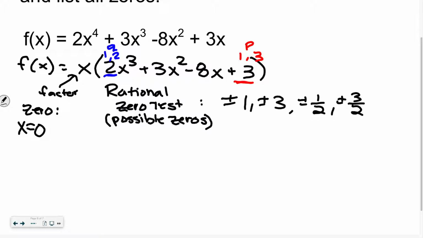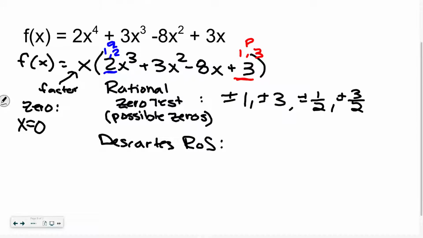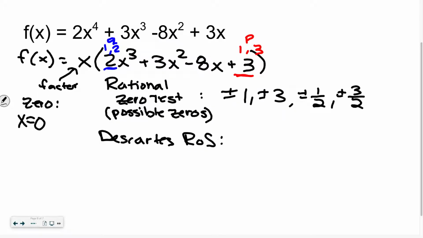We can use Descartes' rule of signs to maybe try to narrow down that list, so it's worth a while to check. I will have questions on quiz or test where we have to use Descartes' rule of signs, so I'll practice it here. So we're going to do the positive real zeros first.